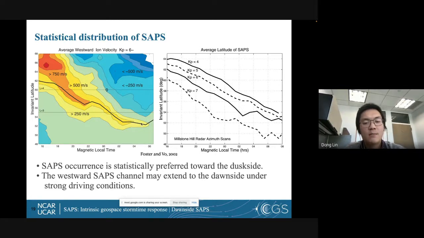So you may sometimes see a westward flow channel in the dawn, but again, that just means it's an extended westward flow channel. And the latitude of the channel also gets lower as it approaches the midnight sector.